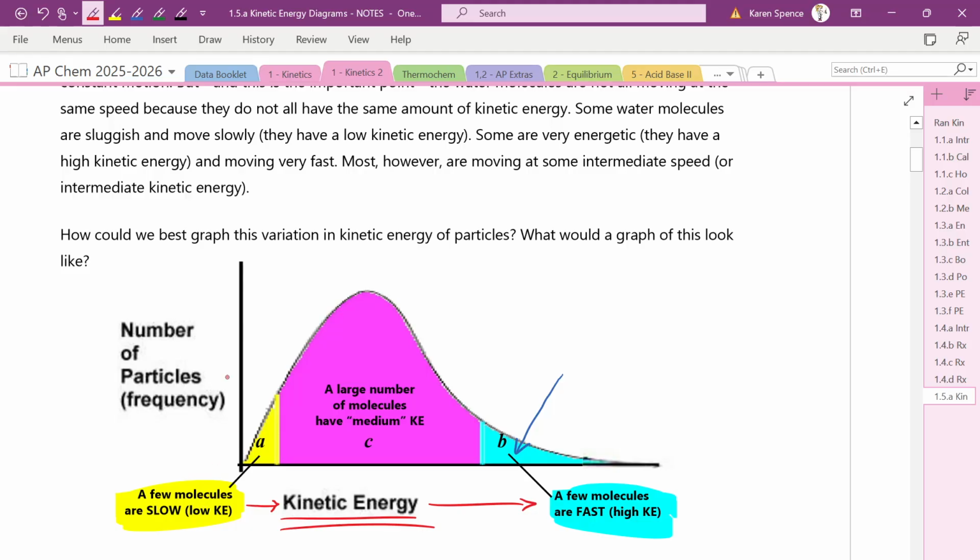Now, what's happening on the y-axis? The y-axis represents the number of particles. Okay, so the area under the curve represents the total number of particles.